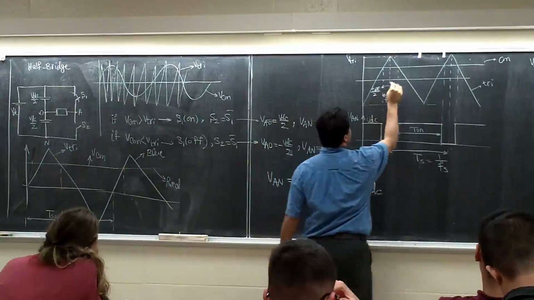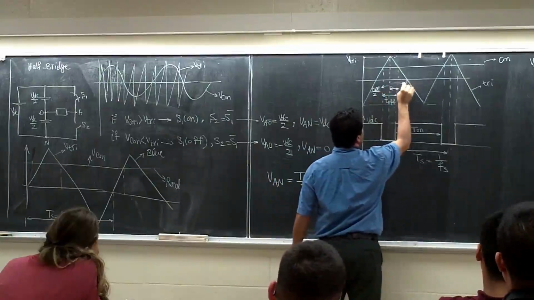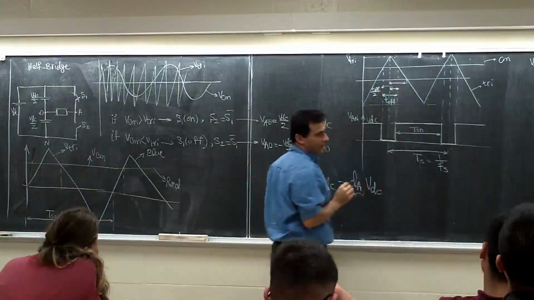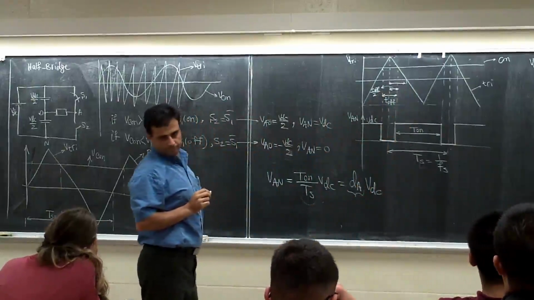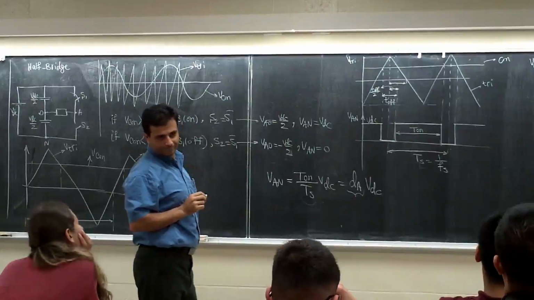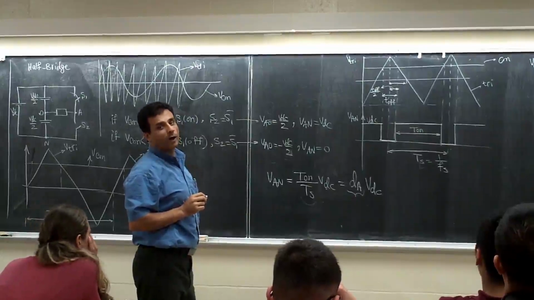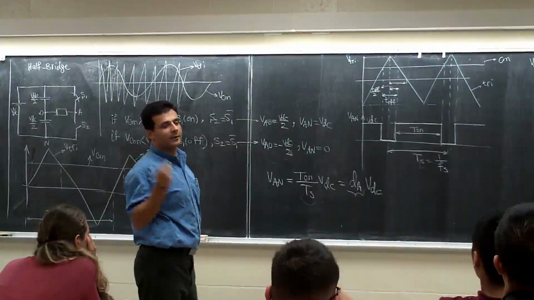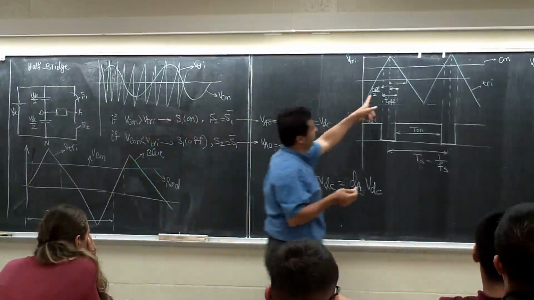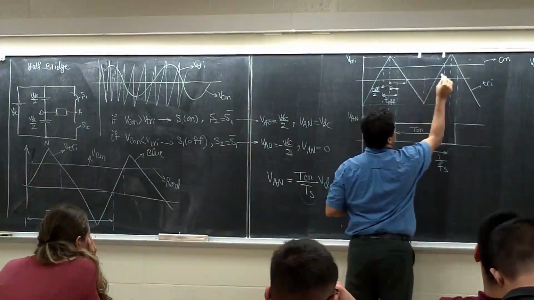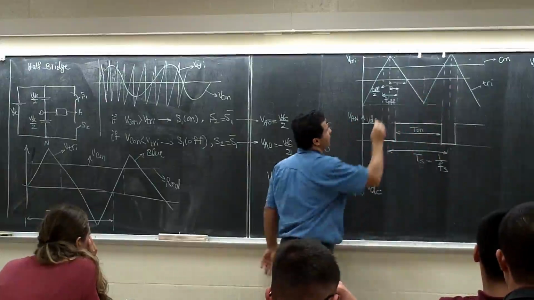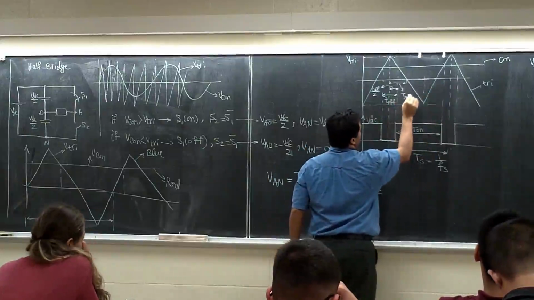How much is this time? T on over 4? TS over 4, right? This is a quarter cycle, quarter cycle, quarter cycle, quarter cycle, right? So this one is a TS over 4.